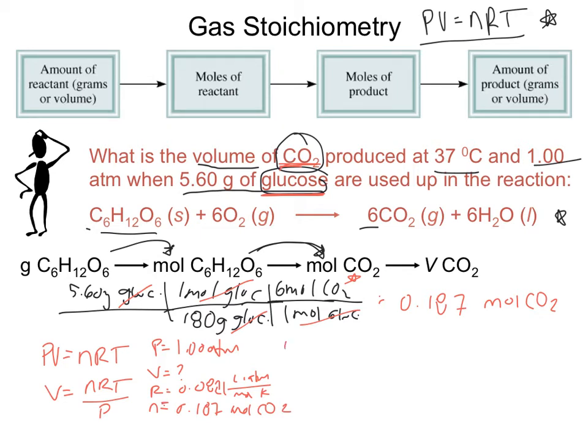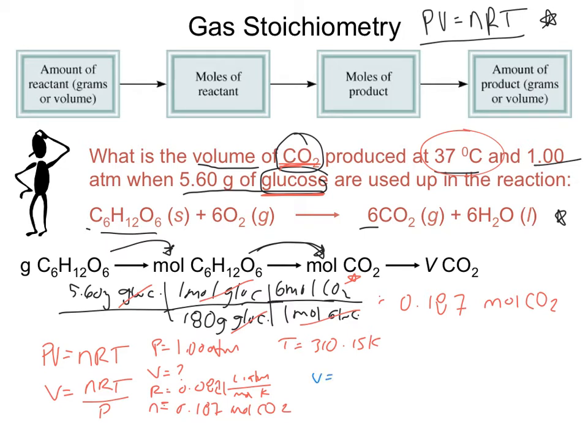And our temperature is going to be equal to 310.15 Kelvin. Basically I just added 273.15 to my 37 degrees C to put it into Kelvin. So now that I have all these numbers, I'm going to plug them into the equation.